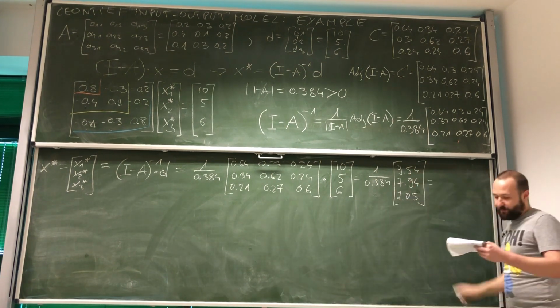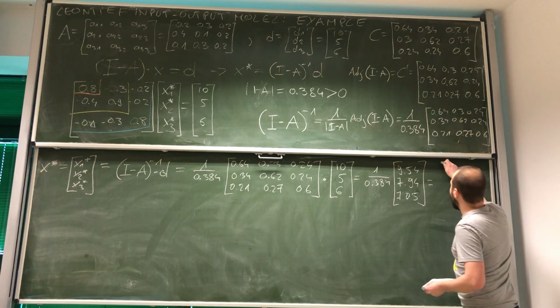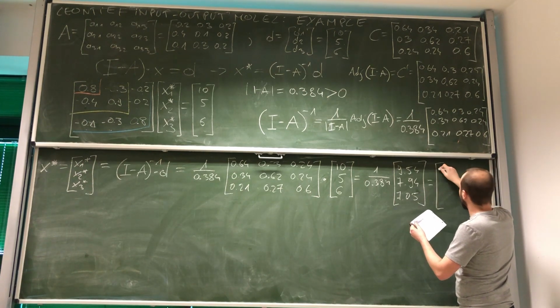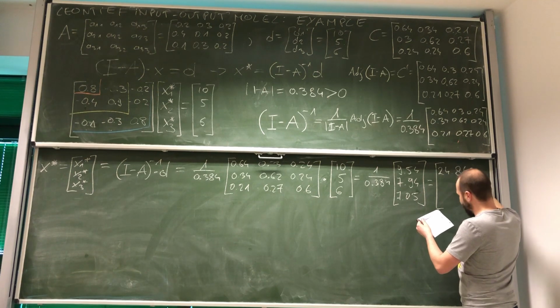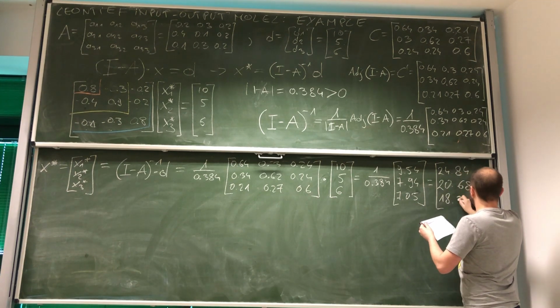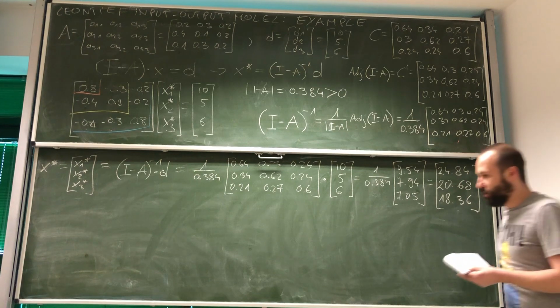And then if we divide by this and ignore spaces after the comma, we're going to get, to 2 places after the comma, 24.84, 20.68, 18.36. This is our solution.